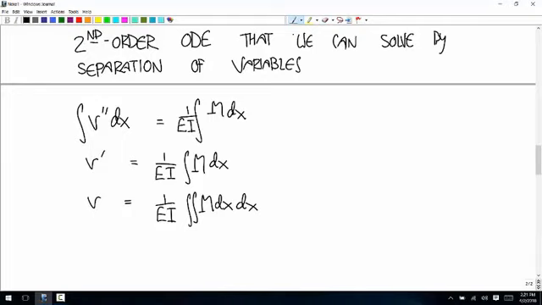When we put numbers to it, it'll be simple. Here it looks sort of messy. But what happens when you take two integrals of something? This is going to have two constants of integration.